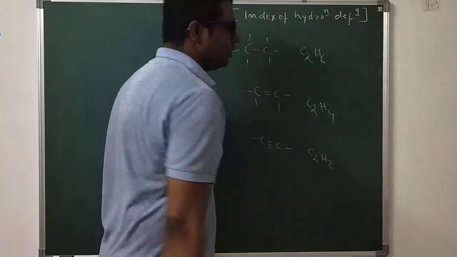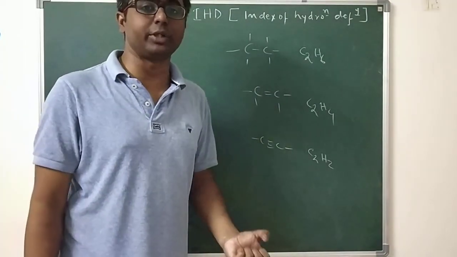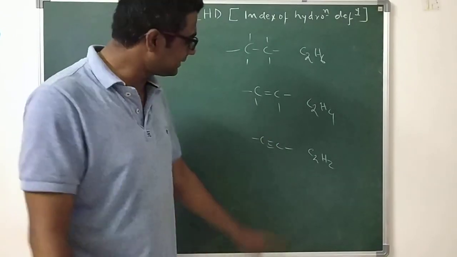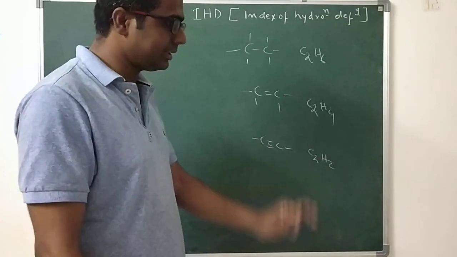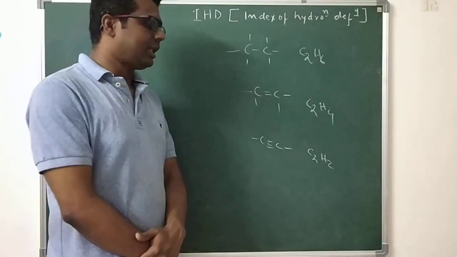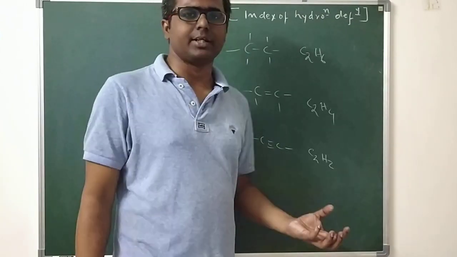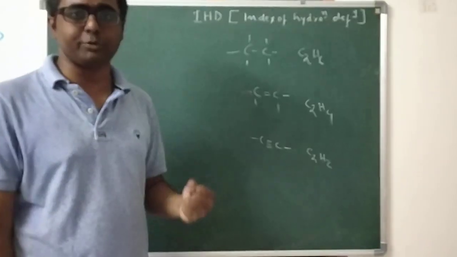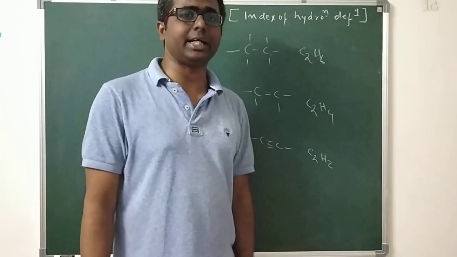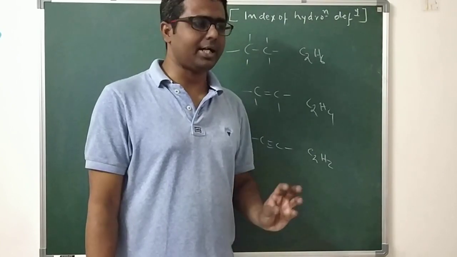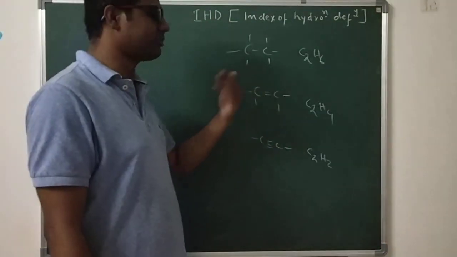Now if I ask you which compound among these 3 is most unsaturated, you will directly come up with the answer, sir, C2H2, it has the triple bond. You are correct, but suppose I do not want a qualitative answer and I want a quantitative answer from you. That means you will give me a number by which I can understand how much more unsaturated this compound is than this one.